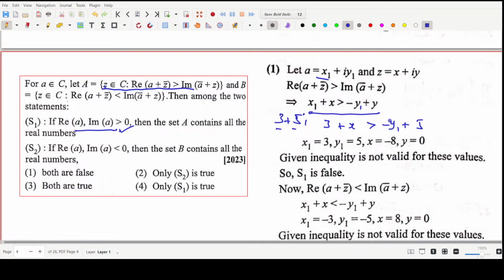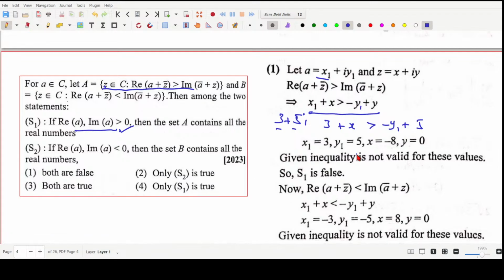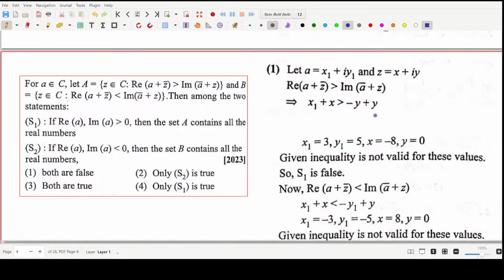And he's saying this is all real numbers. What does that mean? Obviously this one should be 0. Sorry, this is x1 plus iy1. x1 is, we are taking as 3, and this is 5i, right?